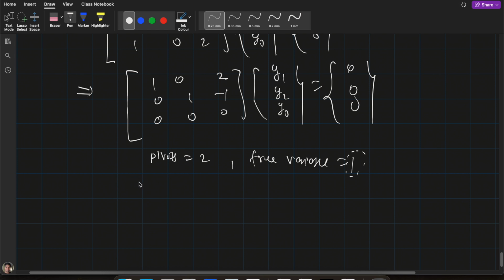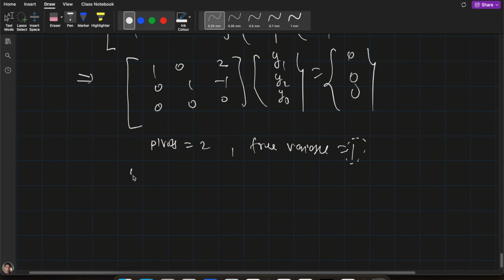Let's see how. The first equation is y1 plus 2y3 equal to 0, and the second equation is y2 minus y3 equal to 0. So you can take this variable as a free variable.